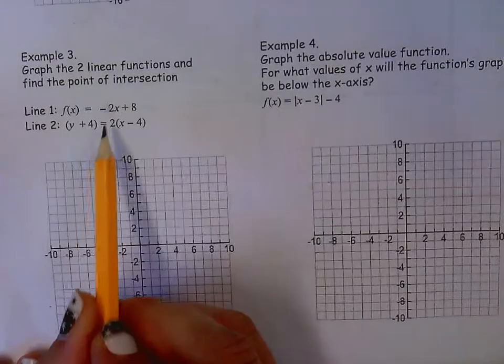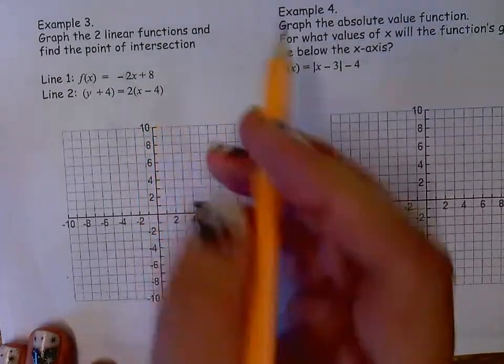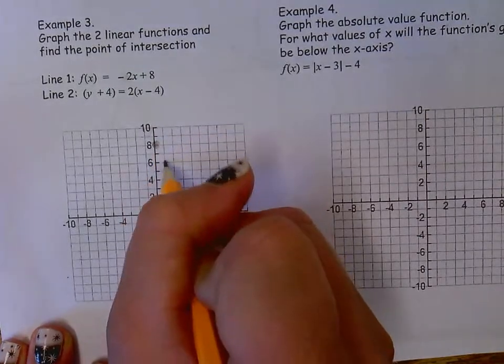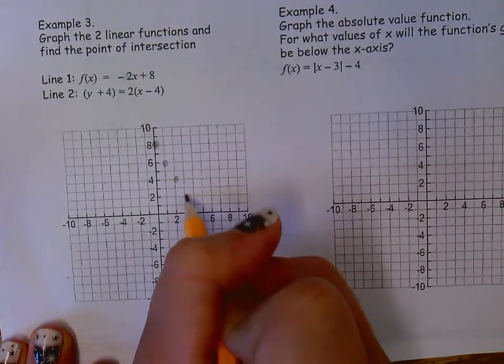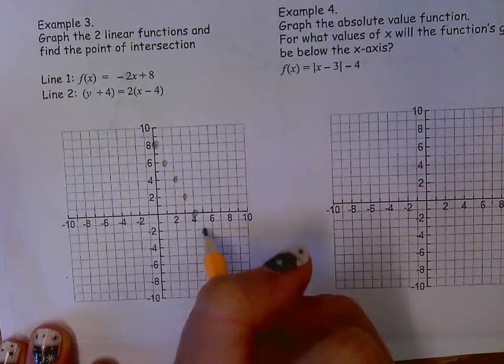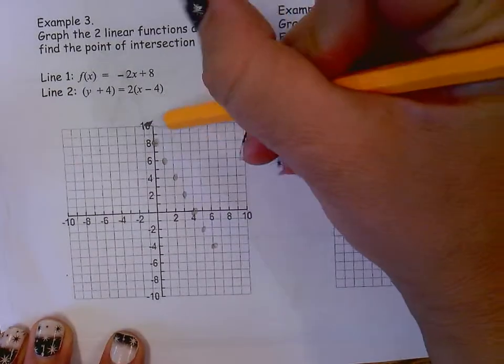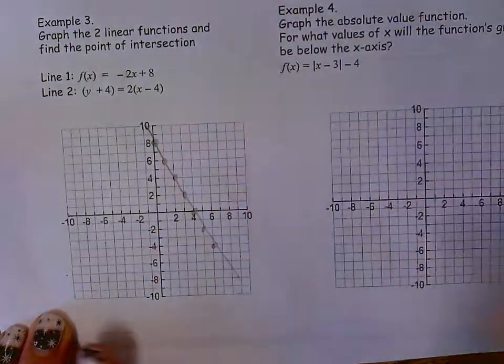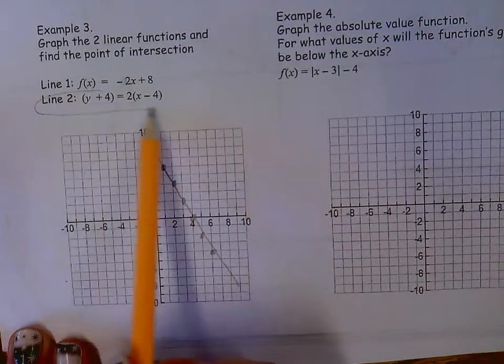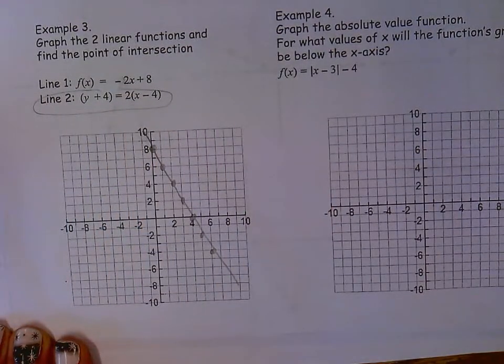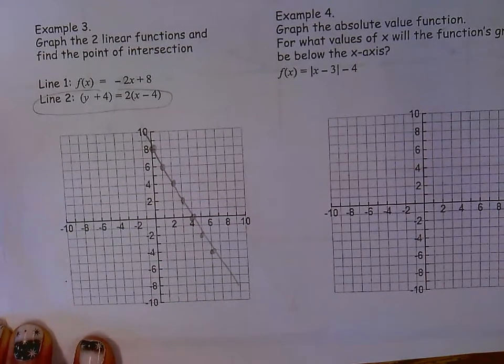So I've got -2x plus 8. I think most people got this part no problem. Here's my -2x plus 8. I forget how far I have to go to find my intersection point, but there's that line. Then you've got the choice on line 2. You can convert it into slope-intercept form, but you end up with a y-intercept that kind of hangs off the graph.